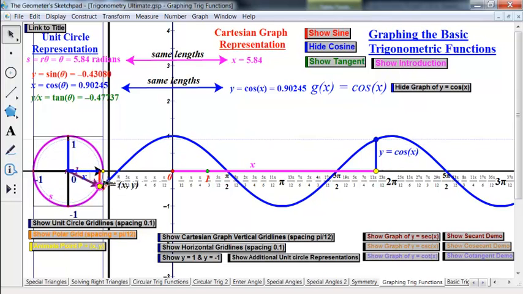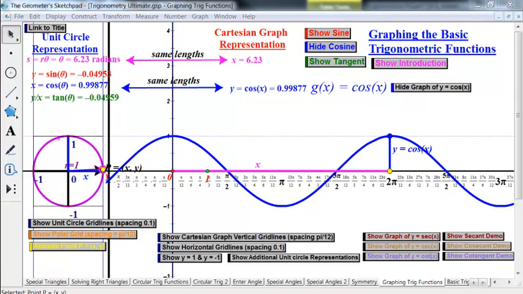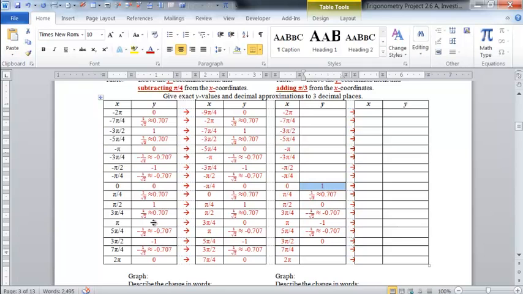Cosine's positive here. And then 1. Okay, and whatever it does from 0 to 2 pi, that's the same as from negative 2 pi up to 0, I think. Let's see. No.